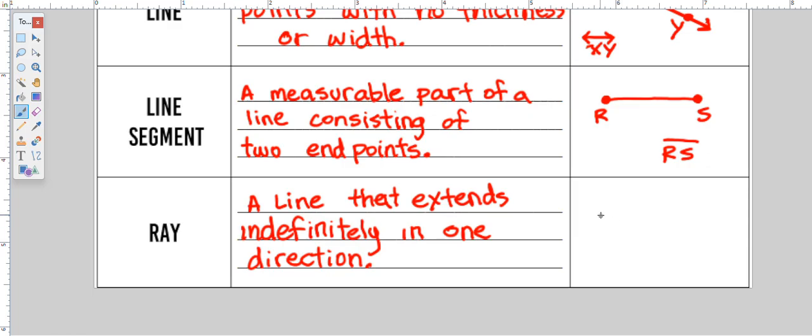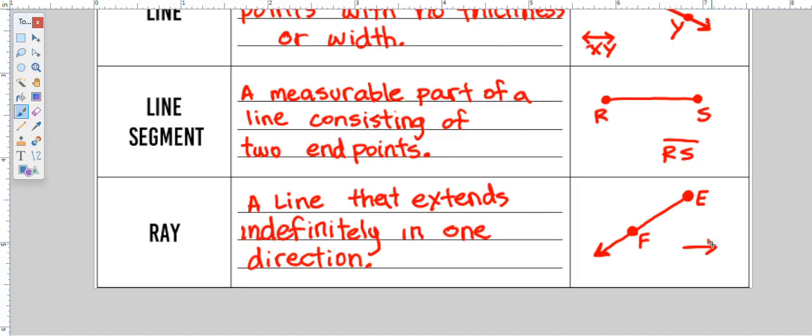So a ray, we will always have an endpoint. The endpoint is crucial for us. And then it will extend through another point, at least one more point, and then on forever in one direction. So let's say that this endpoint here is E, and then the other point that we have here on the line is F. Rays are always going to be a single arrow to the right.